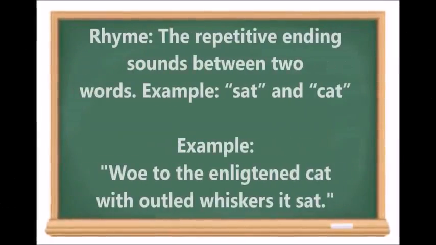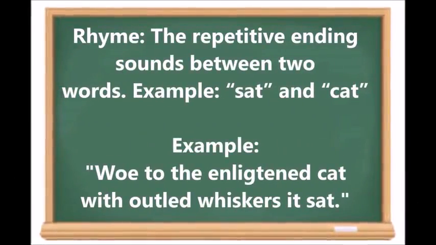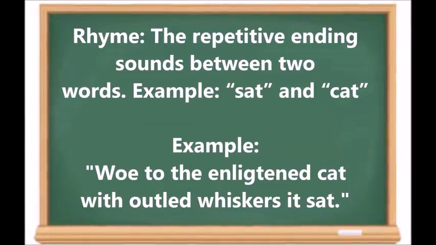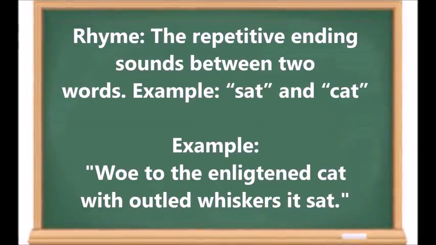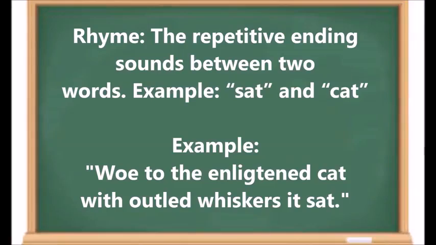The three R's of poetry are rhyme, repetition, and rhythm. Rhyme is repetitive ending sounds in words. Poetry does not have to end in a rhyme to be called poetry.